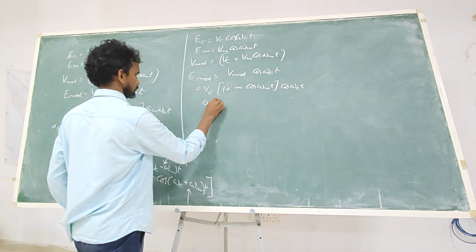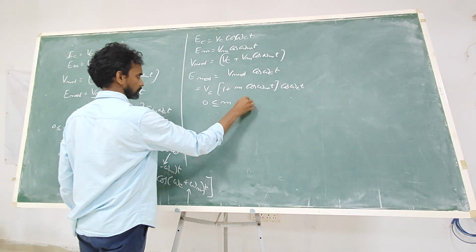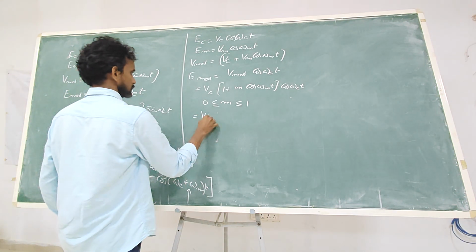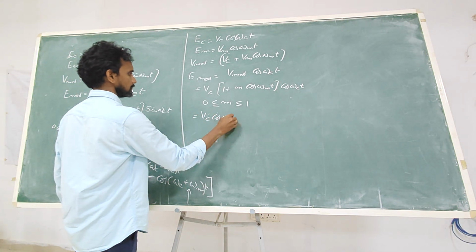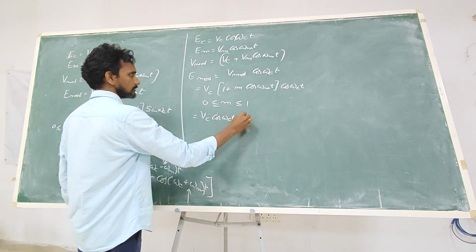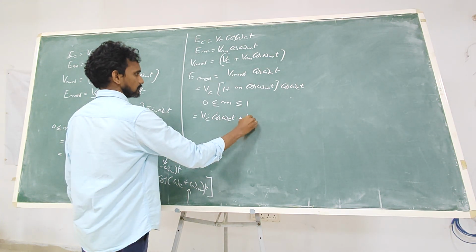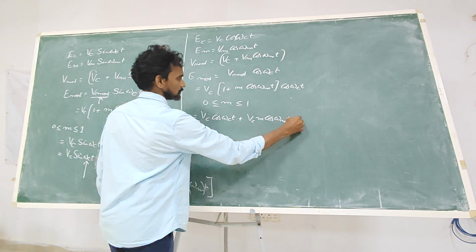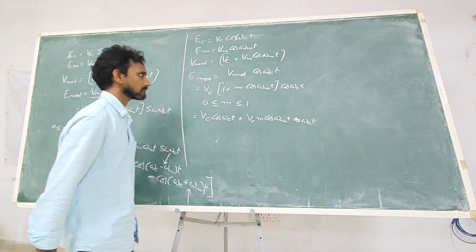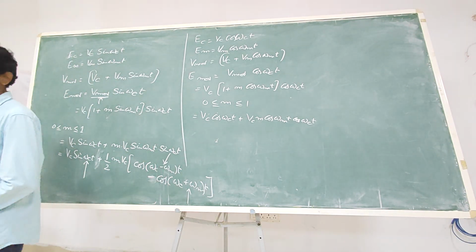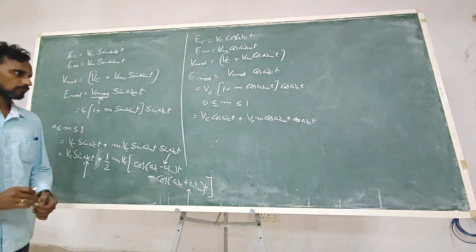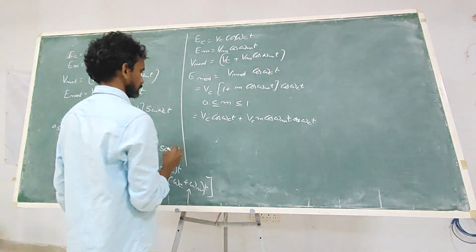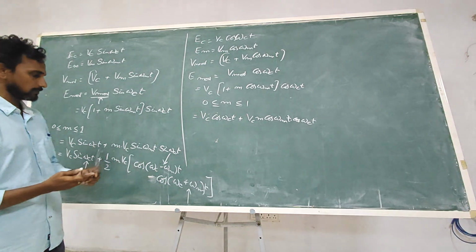So here the same definitions will work out, and if you expand this, what you get is Vc cos omega ct plus Vcm cos omega mt cos omega ct. When you have the cos A cos B product, the result is cos(A plus B) by 2 plus cos(A minus B) by 2.